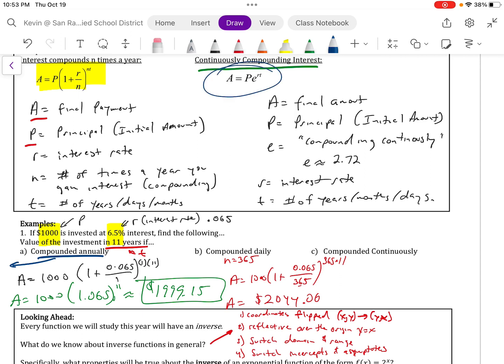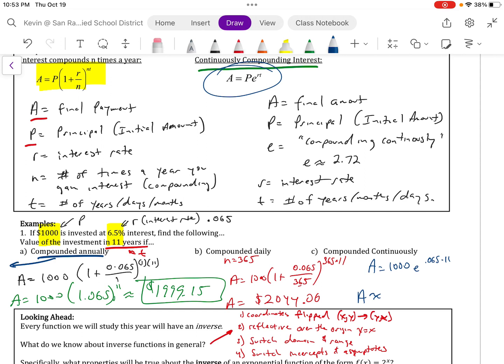Okay, lastly, compounding continuously. This one's a little bit easier because we have a much easier equation. A equals our principal, 1,000, times E to the R times T. Our R is our interest rate, 0.065, and T is 11 years.